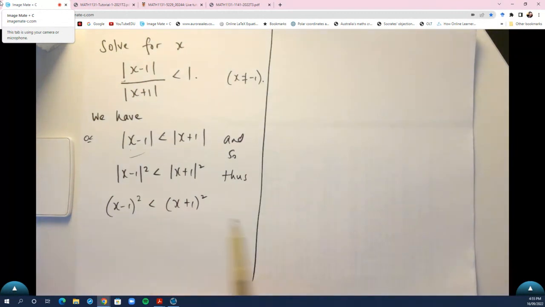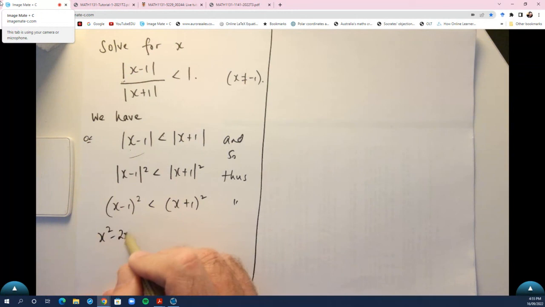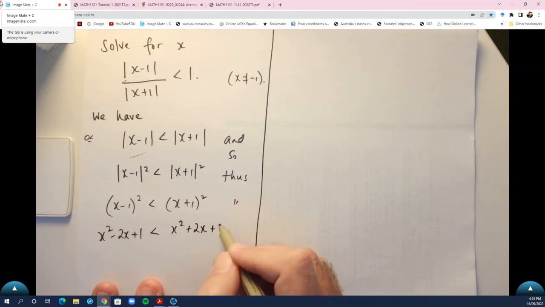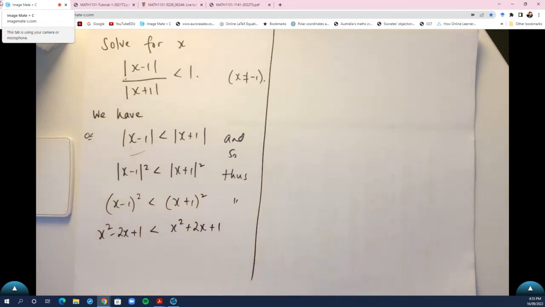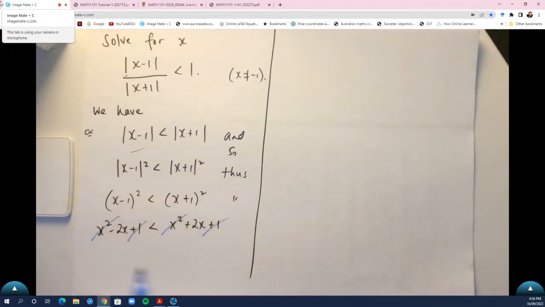Okay, so let's expand these brackets and simplify. Okay, so we've got an x squared over here and x squared over there. Bam. We've got 1 over there and 1 over there. Bam.